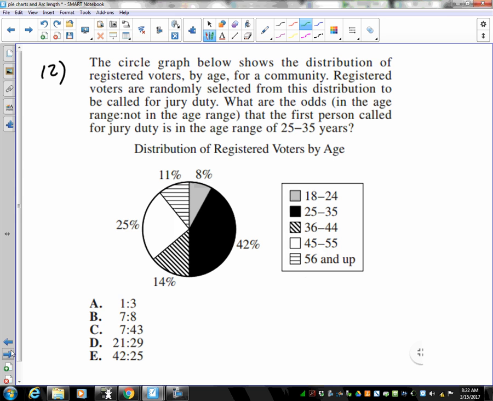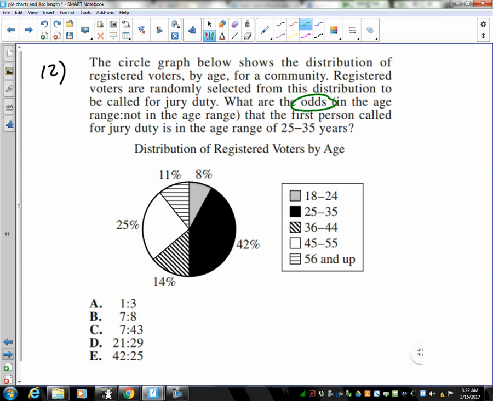Okay, now we have another one here for a pie chart. It says the circle graph below shows the distribution of registered voters by age for a community. Registered voters are randomly selected from the distribution to be called for jury duty. Now, this one says, what are the odds? This is something that I haven't talked about yet.